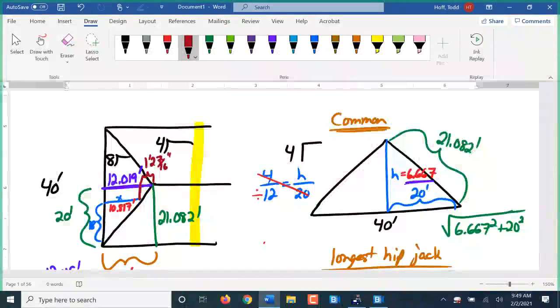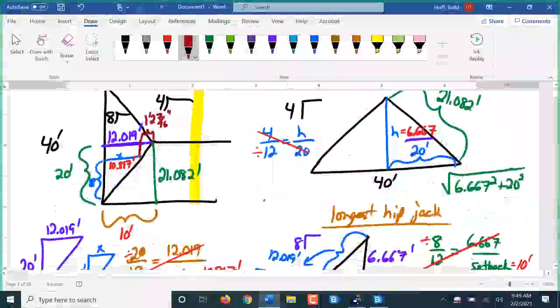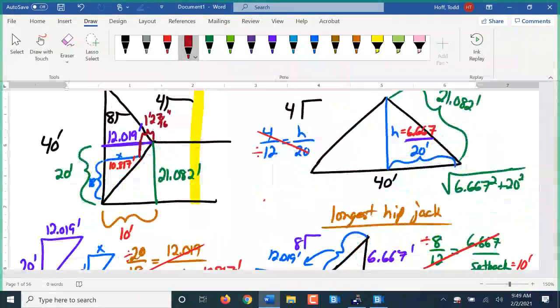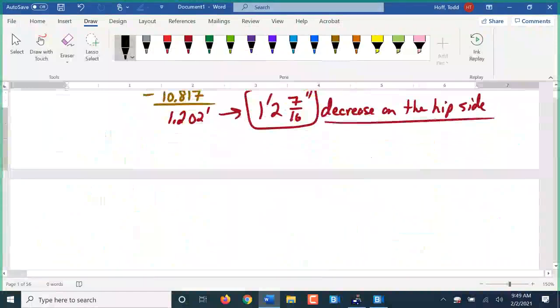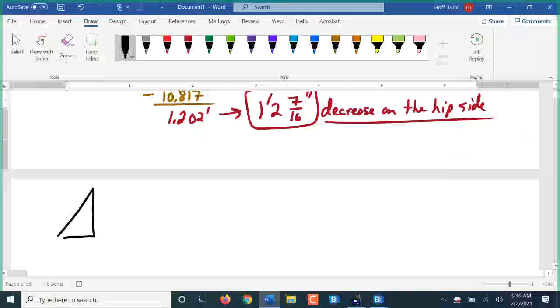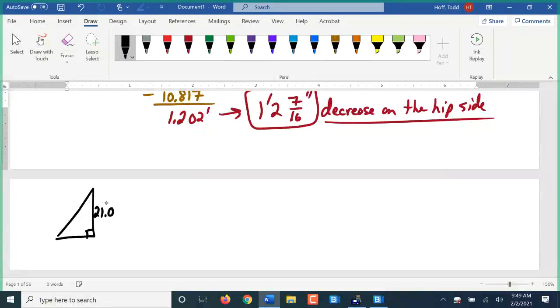Now we need to find the decrease on the main roof side. We've got the longest rafter there, the 21.082, and the setback of 10 feet. The next one is going to be here at 8 feet, and I'll call that length Y. We're at 21.082 and 10. The next one, this is Y and 8.